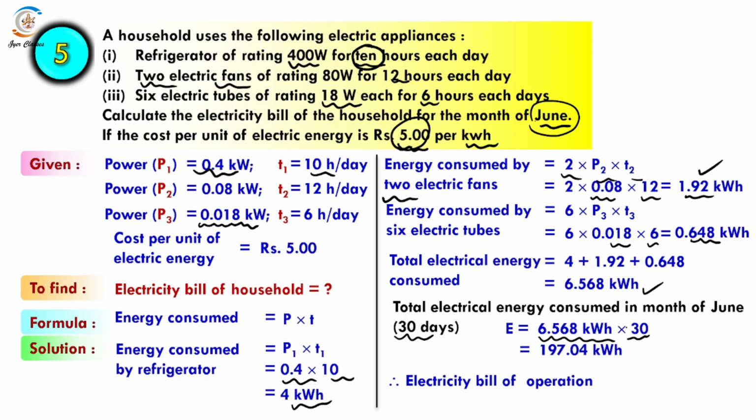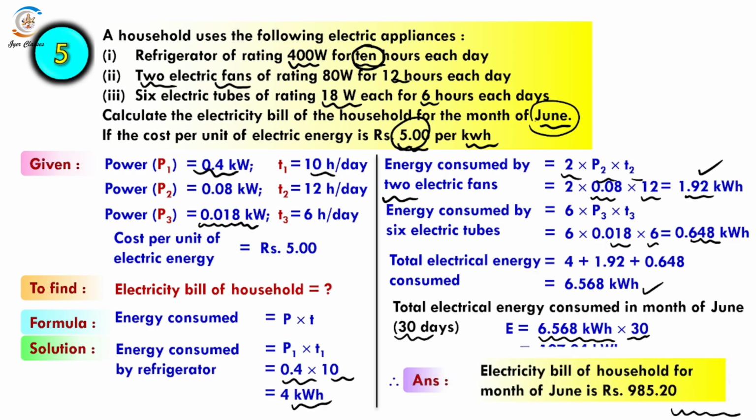Now the electrical bill will be equal to 197.04 into 5, which comes out to be rupees 985.20. This is the bill amount which you have to pay to your electricity office. So the electrical bill of the household for the month of June is 985.20, and this is your answer.